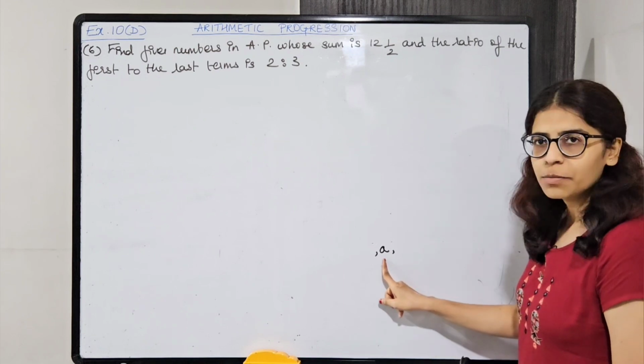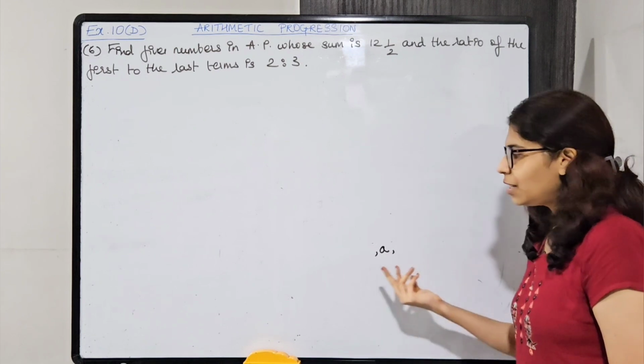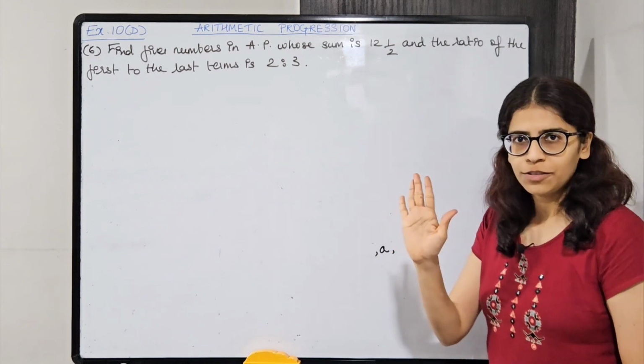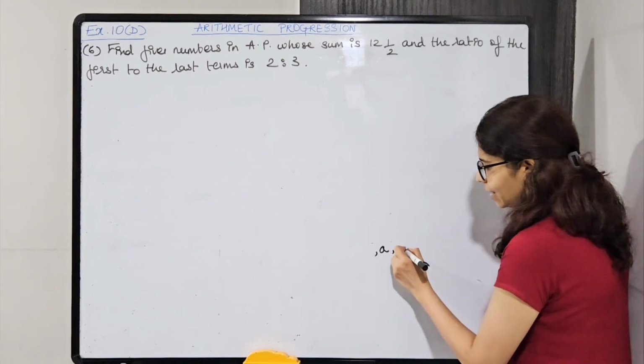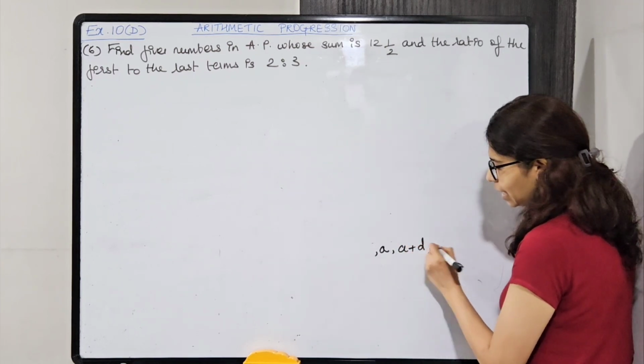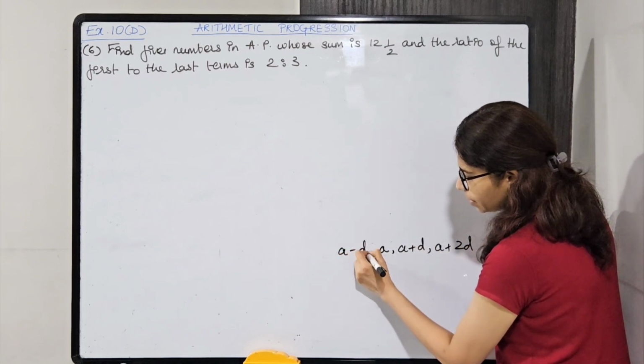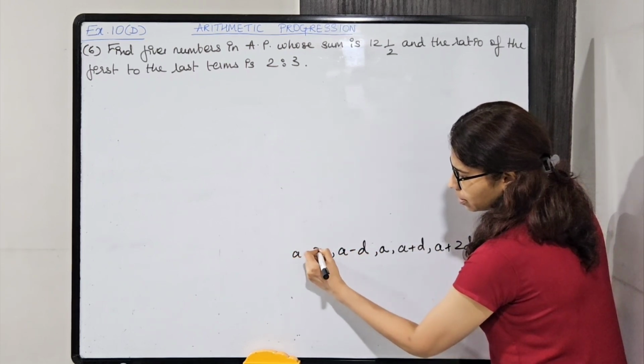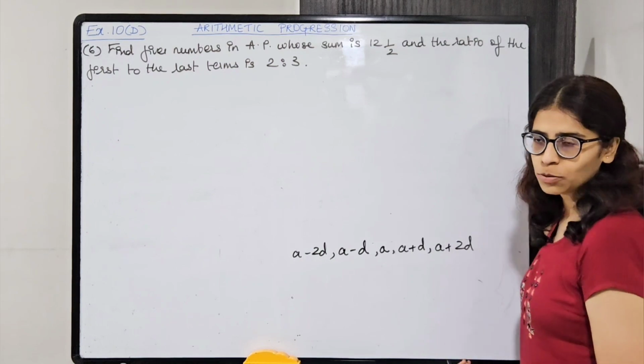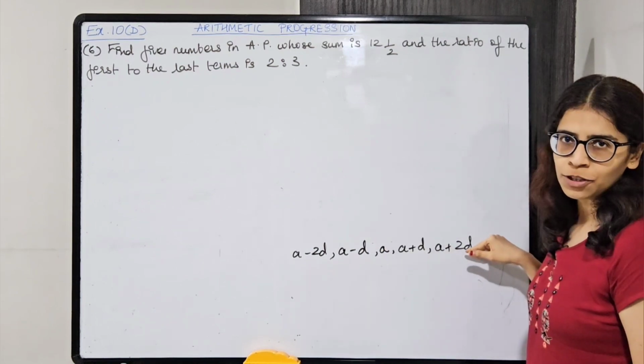So this is the middle term, on the right 2 terms will come, on the left 2 terms will come, that will give you 5 terms. Okay. So add D, A plus D, again add D, A plus 2D. Here subtract D, so A minus D, after this A minus 2D. Okay. So these are the 5 terms.